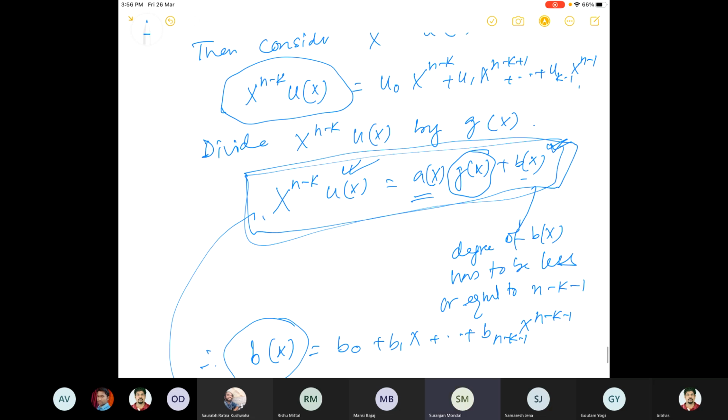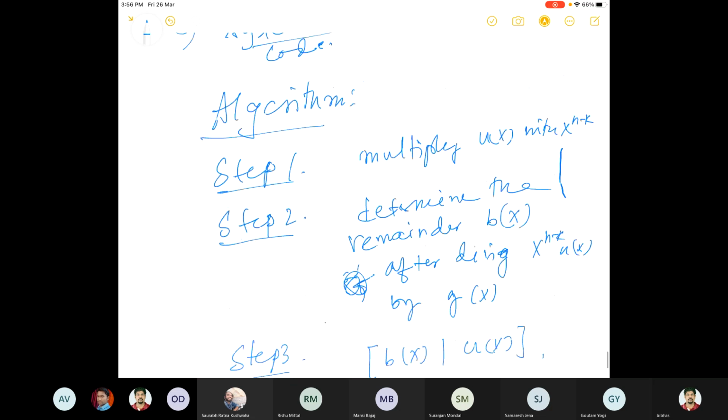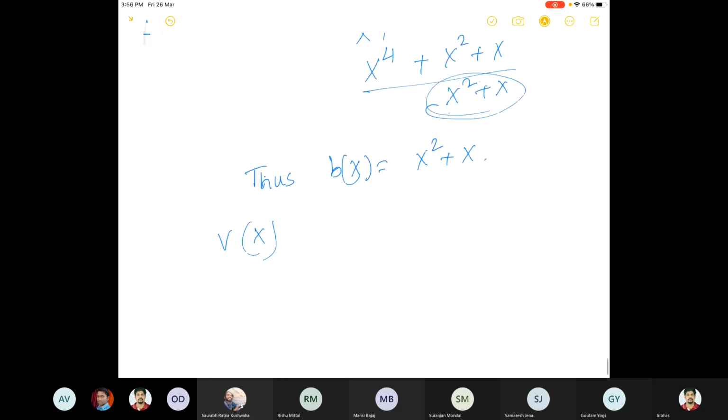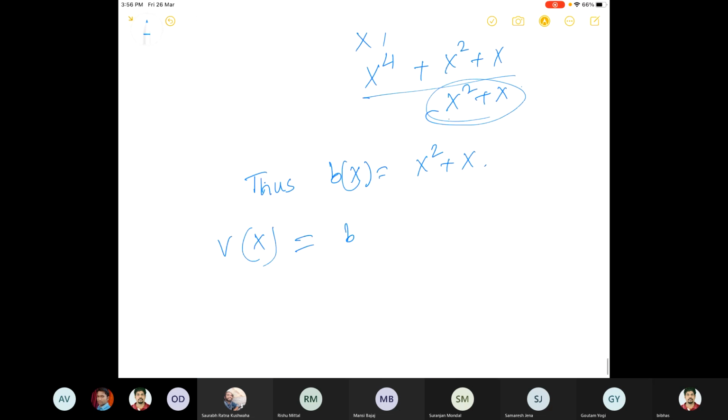Bx plus x cube ux, because this is Vx, right? This is the code word, ax times gx. So Vx equals bx plus x cube ux, which is x plus x square plus x cube plus x to the 6.